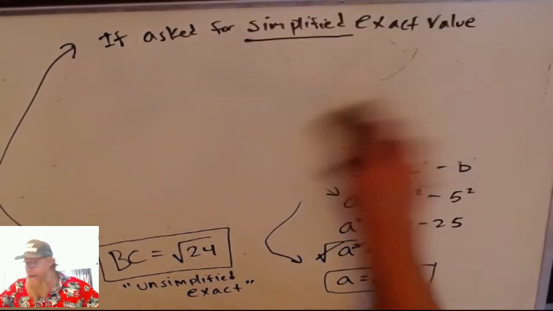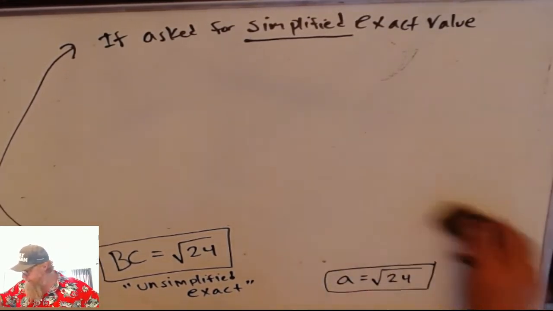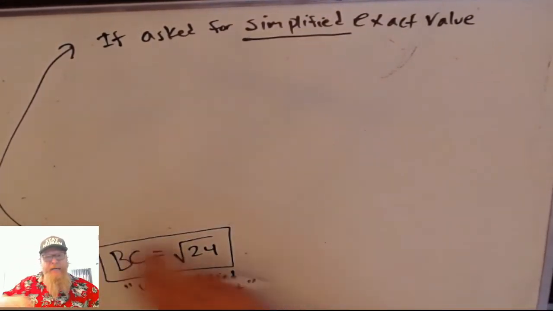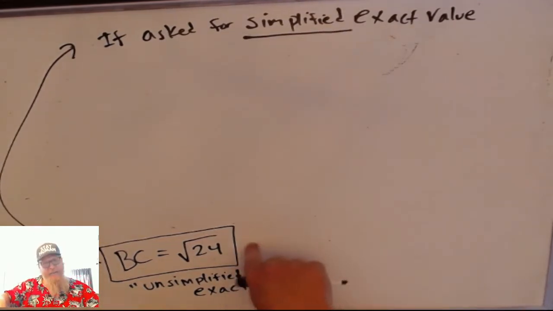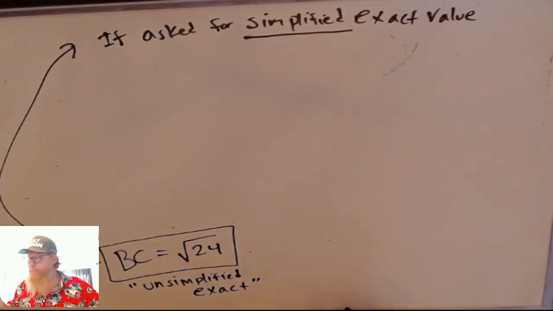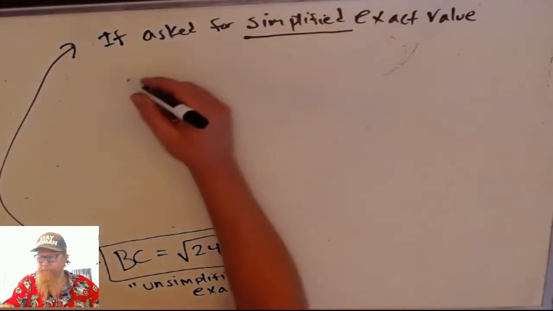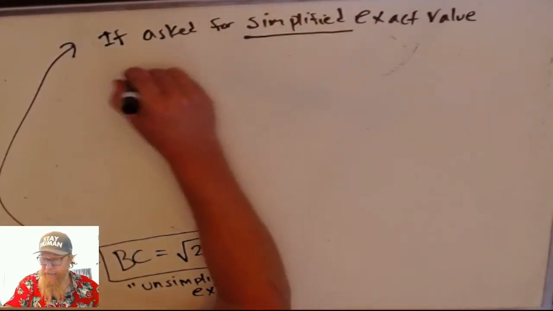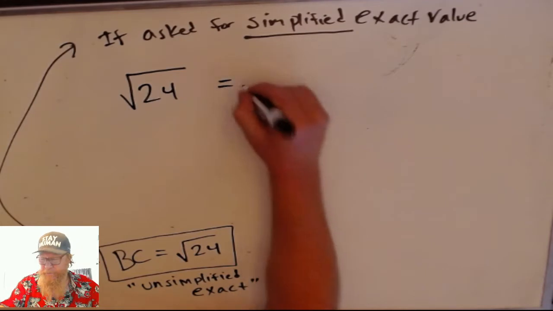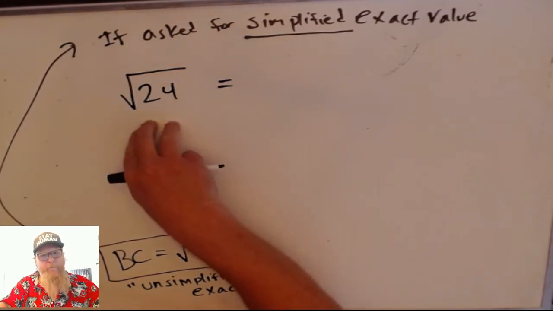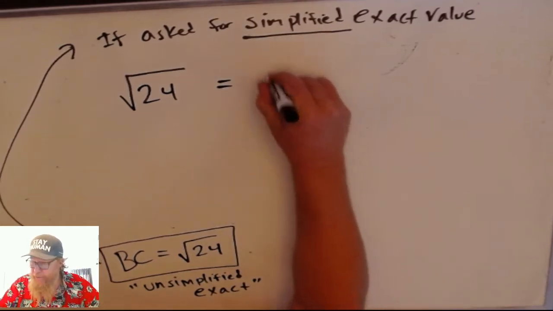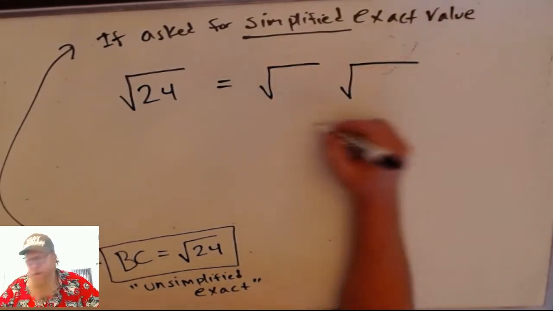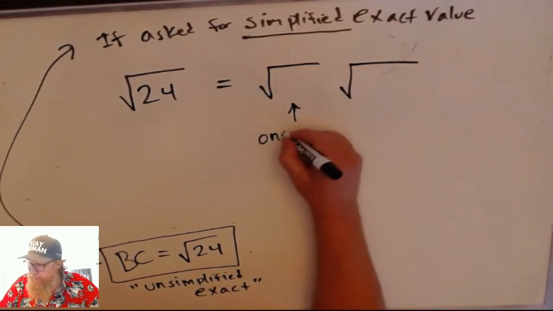I don't think I asked for simplified exact on this problem, but I'm going to show you anyway, just so that you know it. This is actually the end of that particular example. So if you're asked to simplify, you take your square root of 24 and break it up into two smaller square roots. One of them must be perfect.